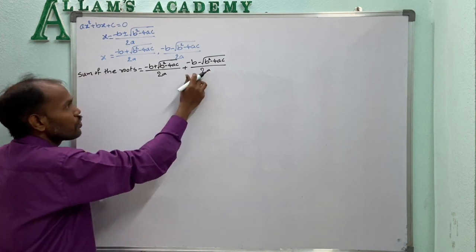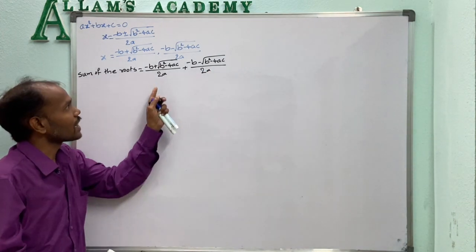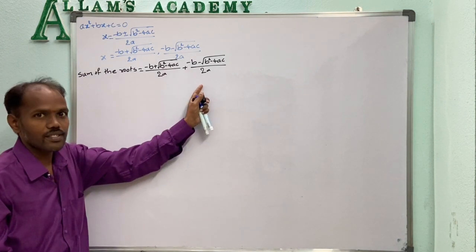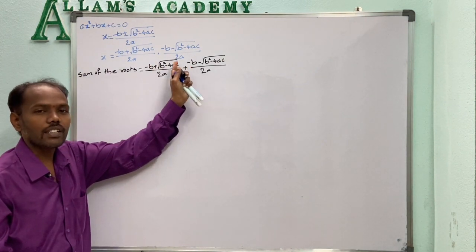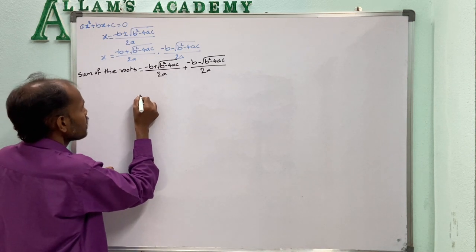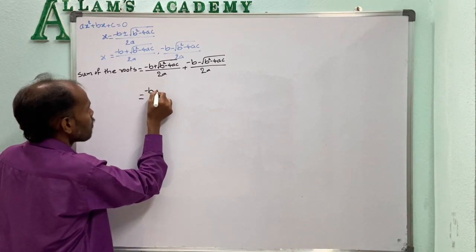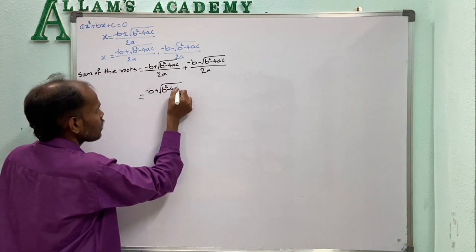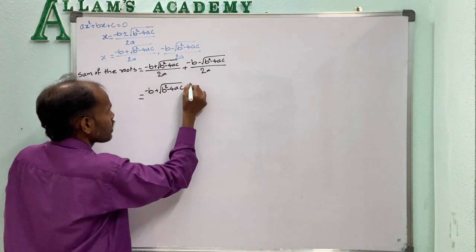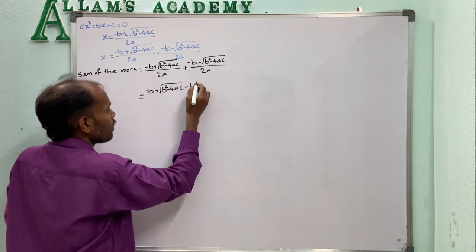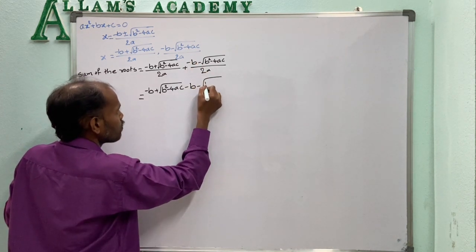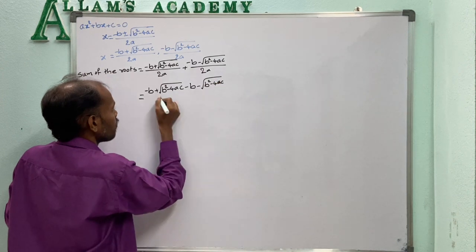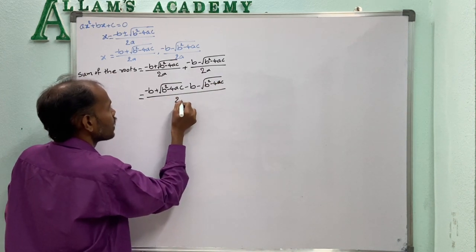For the two fractions, the denominator 2a is the same, so they are like fractions and we directly add the numerators: minus b plus under root b square minus 4ac, plus minus b minus under root b square minus 4ac, by 2a.